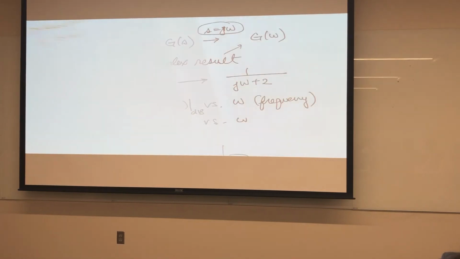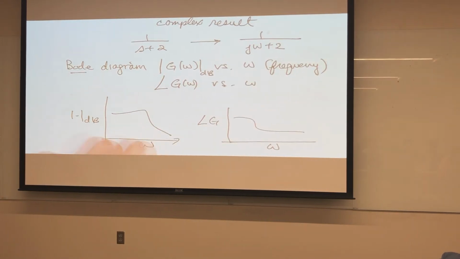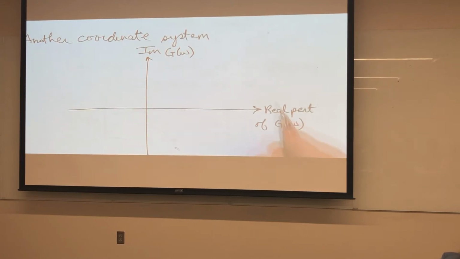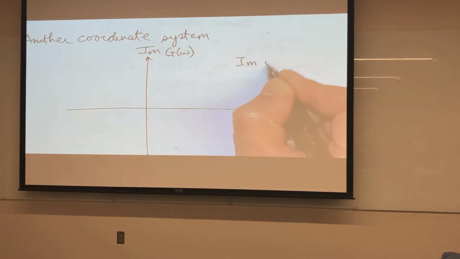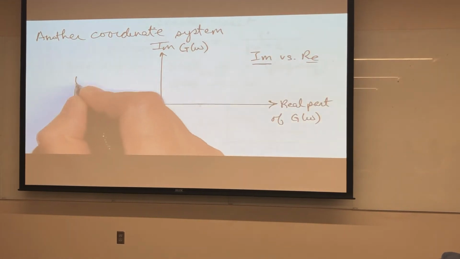So rather than plotting magnitude and phase as functions of frequency in two different diagrams, we just have imaginary versus real. So this is imaginary versus real. This is called the Nyquist plot.